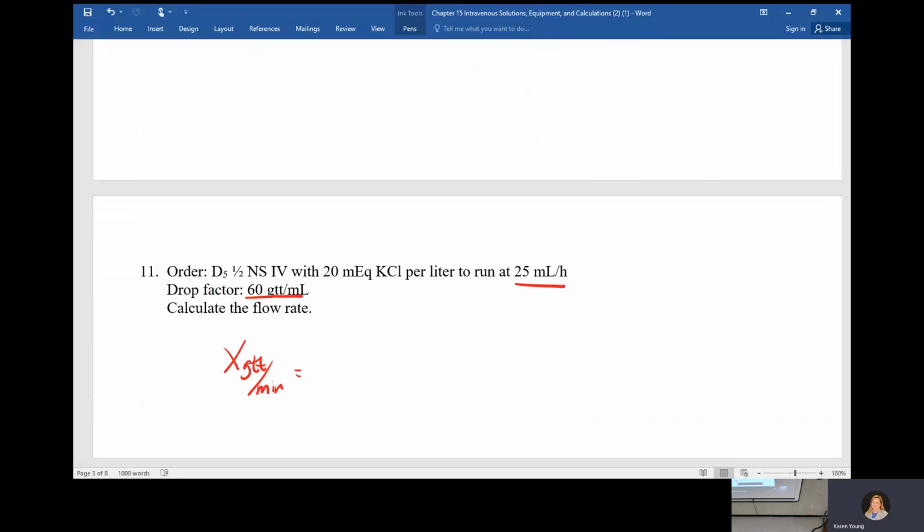So what have we got as our rate, or drops per minute? 25.